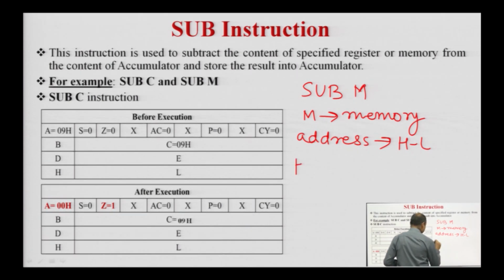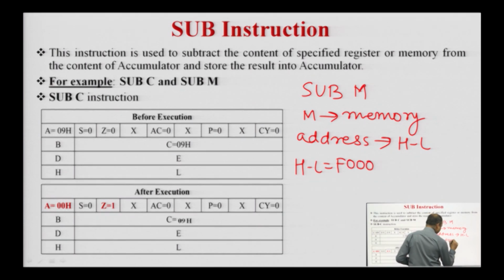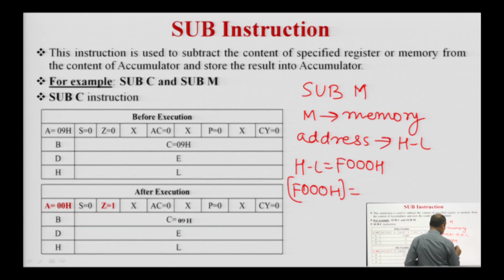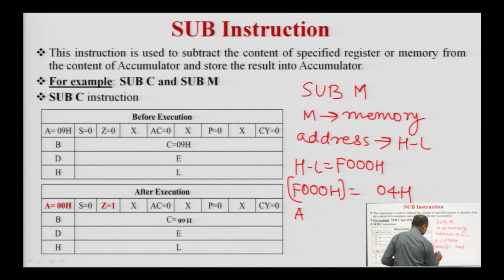So, the HL register will have a value, suppose F000H, and at this F000H, suppose the value is 04H and the content of accumulator A is equal to 06H.